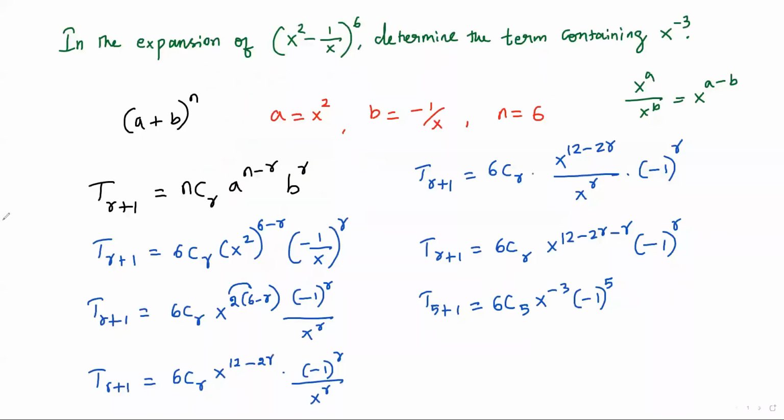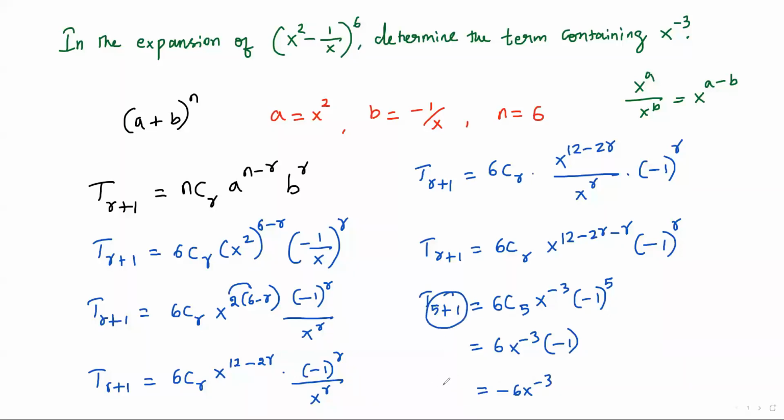So the value of 6C5 is 6, and x to the power of negative 3. Since it's an odd exponent, the negative will remain. Negative 1 raised to an odd power is negative 1. So finally, 6 times negative 1 is negative 6 x to the power of negative 3.